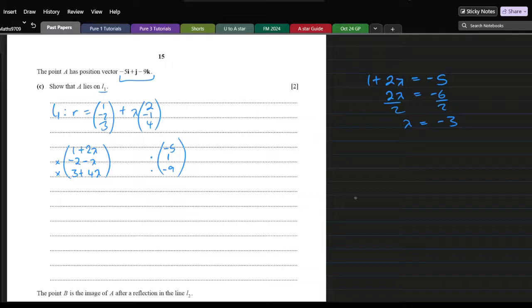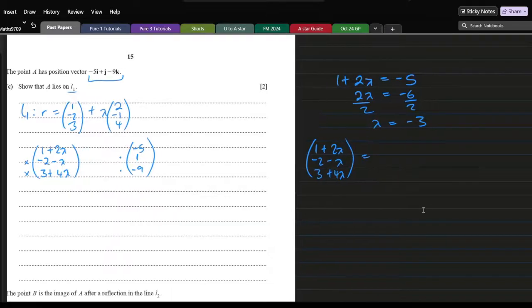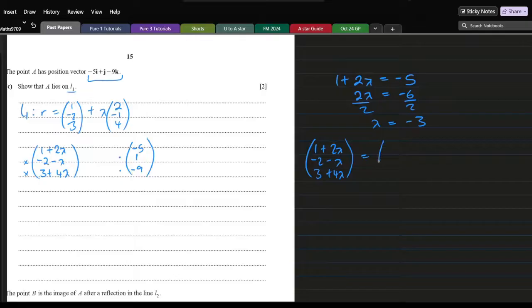So let's do that. Alright, so the general coordinates of any point are 1 plus 2 lambda, negative 2 minus lambda, 3 plus 4 lambda. So if A does in fact lie on this line, we should get the coordinates for A when we substitute lambda is negative 3. So 1 plus 2 times negative 3, negative 2 minus negative 3, and then 3 plus 4 times negative 3.